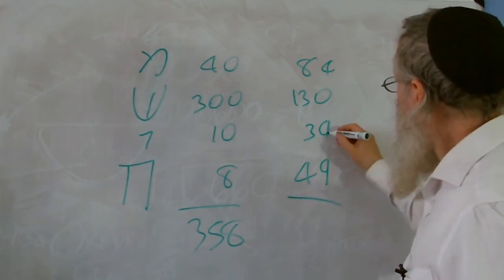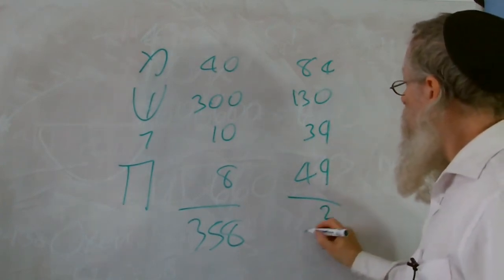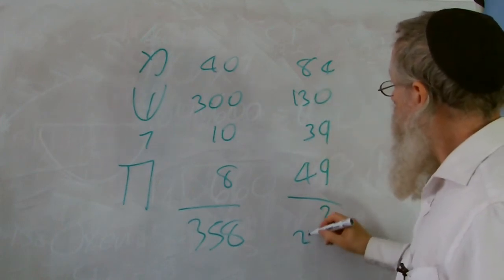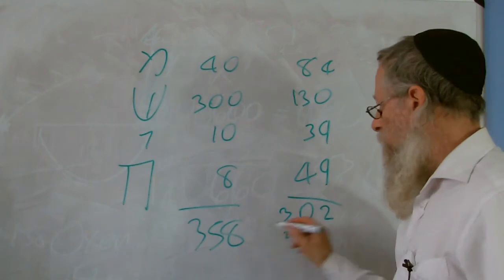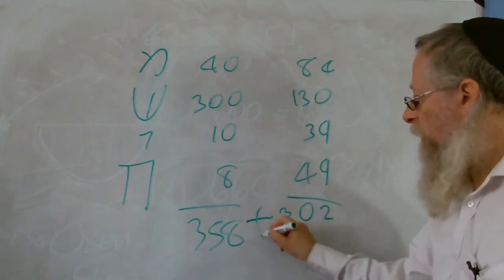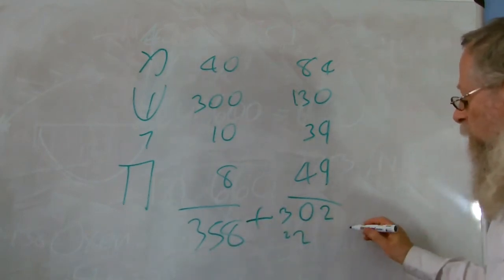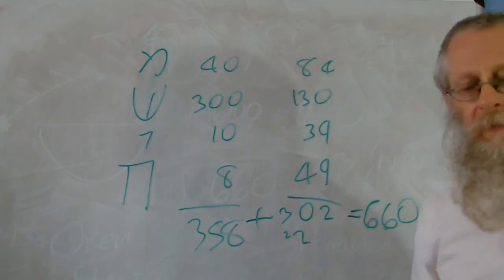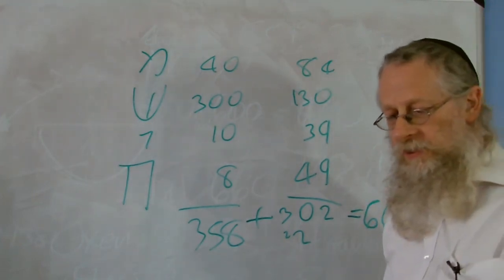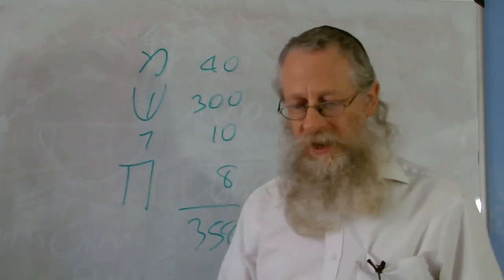Add that together, I get 302. Now I'm going to add those, the normal value and the extension of the normal inner values, and I will get 660, ox. So we see there's a connection between the ox and Mashiach.